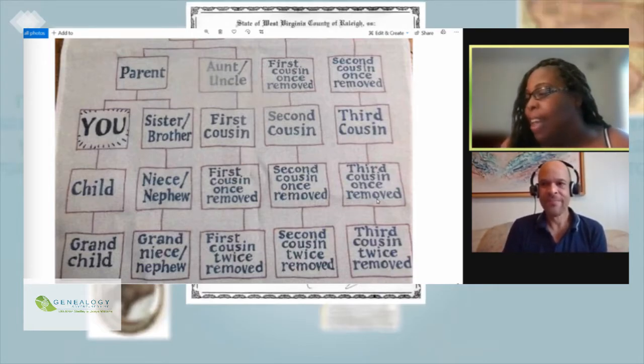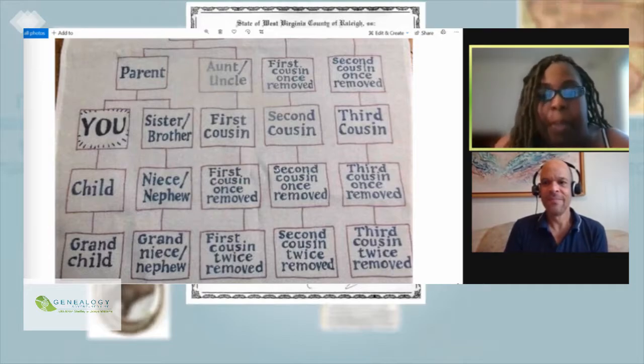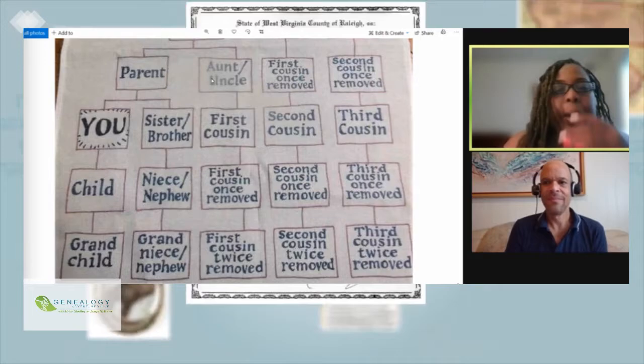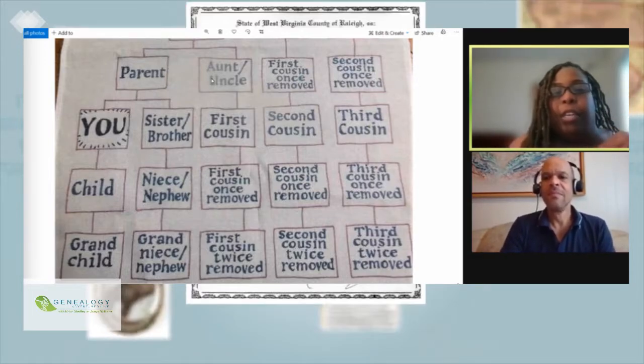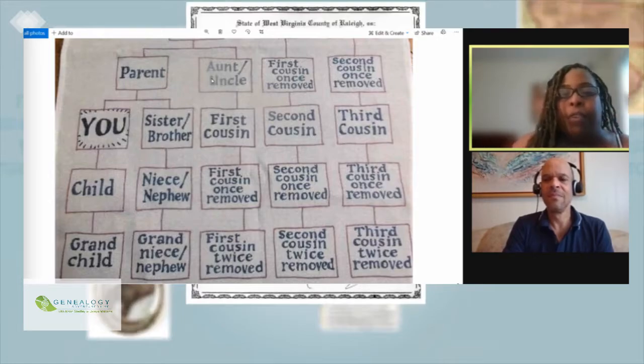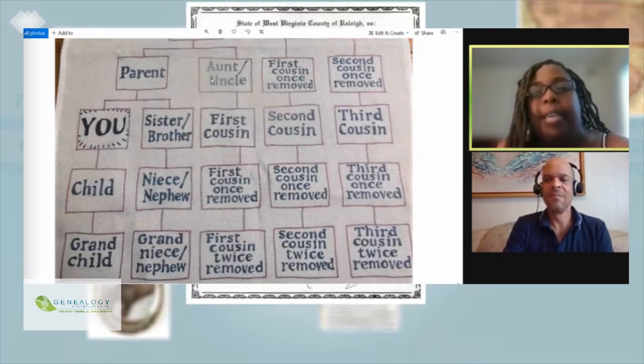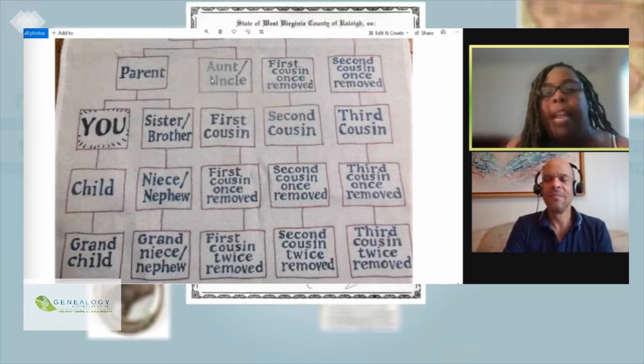So Valoria asks, does it ever go beyond twice removed? Yes, ma'am. It will forever be beyond that. Like I said earlier, with the first cousins, that's never going to change. You're always going to say first cousin. If your first cousin had a child, then that child would be your first cousin once removed.